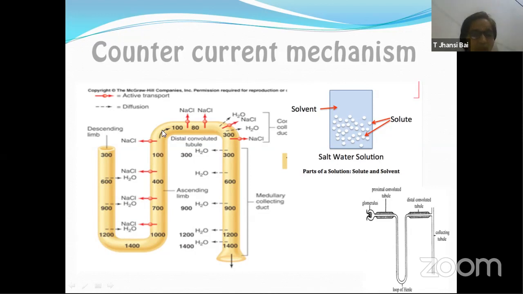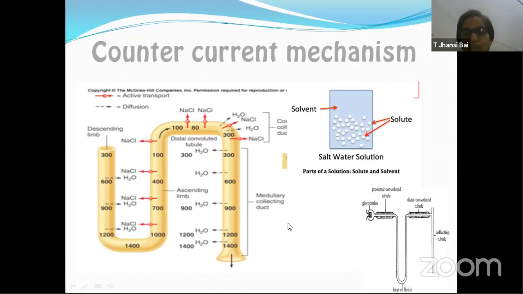When the nephric filtrate reaches the distal convoluted tubule, it regains the same composition as in the beginning in the PCT, somewhere around 100 to 300. Then slowly from here also, when solute particles are taken off, the concentration keeps on increasing. And finally, we end up here with hypertonic urine.